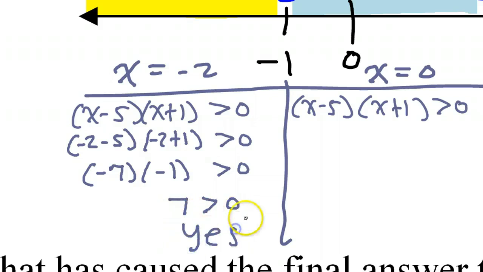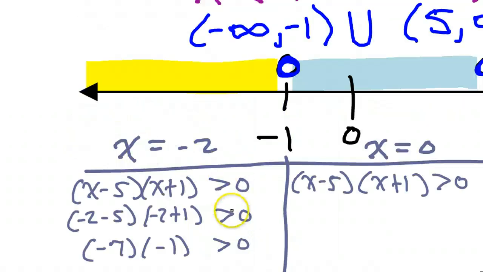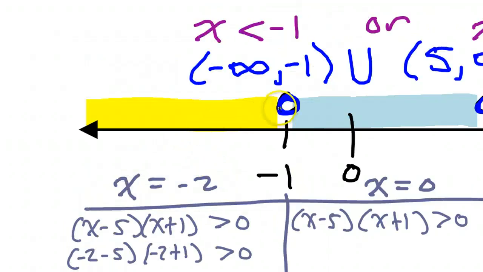Why, yes it is. Alright, that means x equals -2 is a solution to the inequality, which means all of these yellow values are solutions. So I will show that these yellow values are solutions by drawing in an arrow, which is just what we had by the other method.